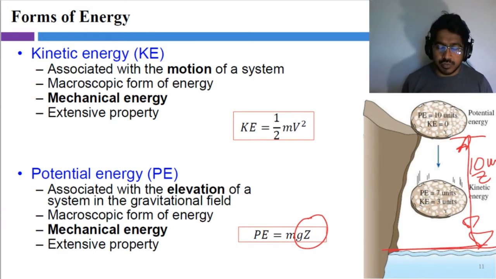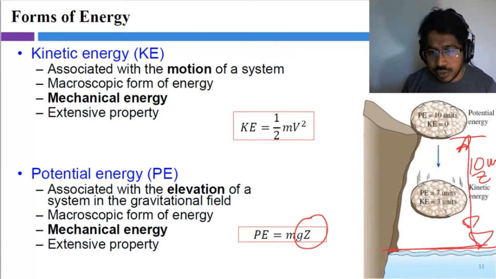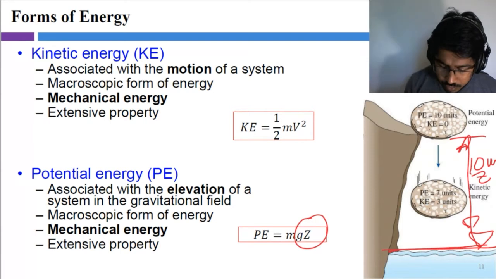If I have something underneath the water surface, that is going to have a negative potential, because it's going to be minus. So this is something we agreed upon, and somebody else might solve this question using a different reference: reference 1, reference 2.